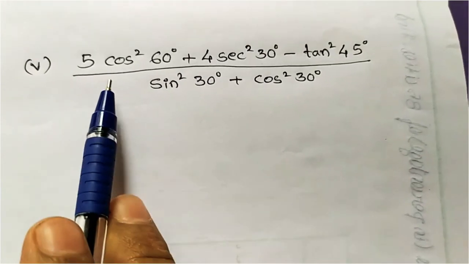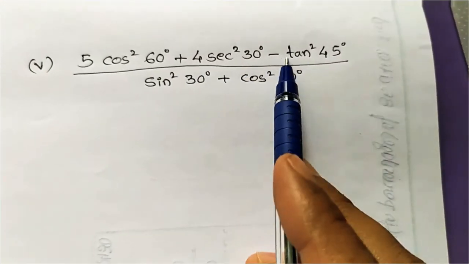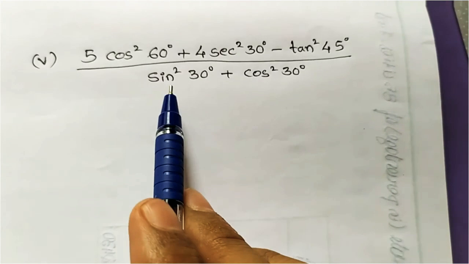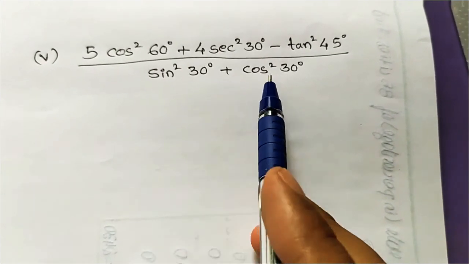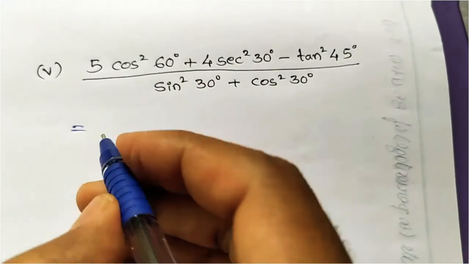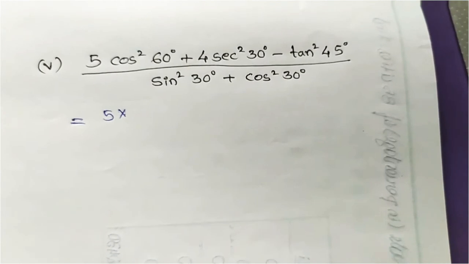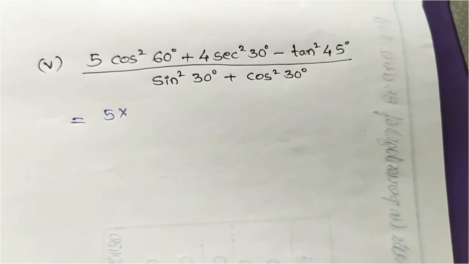Now 5th question, 5 cos square 60 plus 4 sec square 30 minus tan square 45 divided by sin square 30 plus cos square 30. So using that table, first 5 into cos square 60, so cos 60 means what?